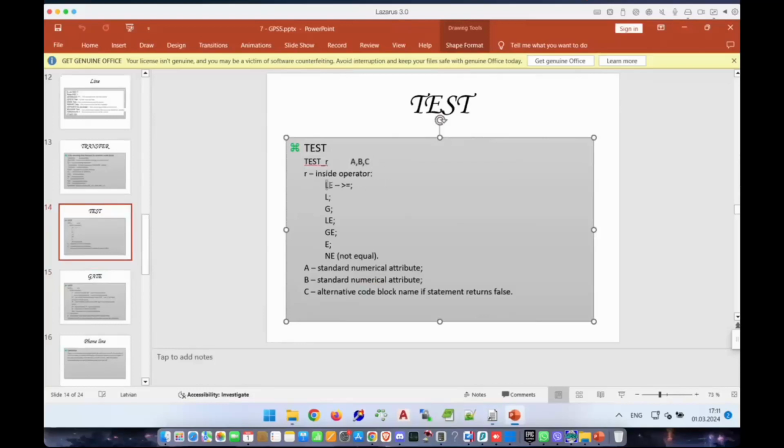So LE is less or equal. L means less, G means greater, GE means greater or equal, E means equal, NE means not equal.